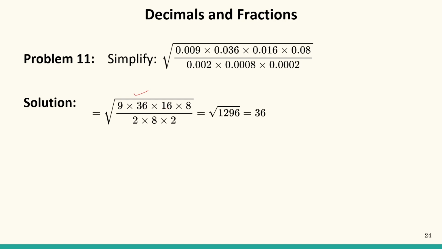And what you can see here is 16 into 8, so 32 cancels out. So what we are left with is 9 into 36 into 4, square root, that is equal to the square root of 1296, that is equal to 36. So 36 will be the final answer.